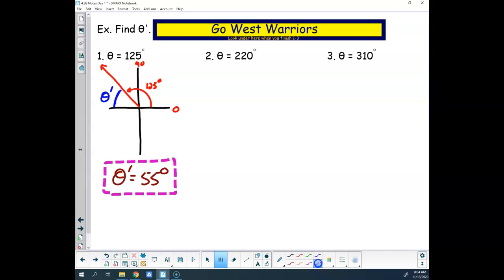Now you find me the reference angles for the others. 220 would be down here.